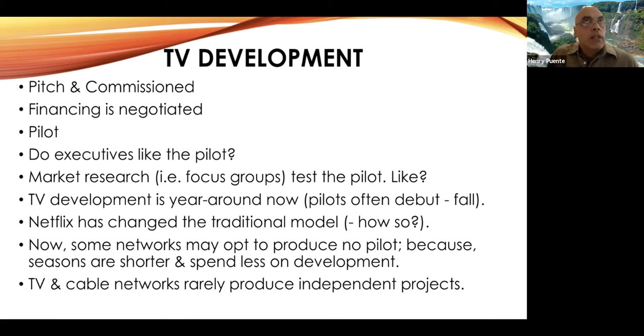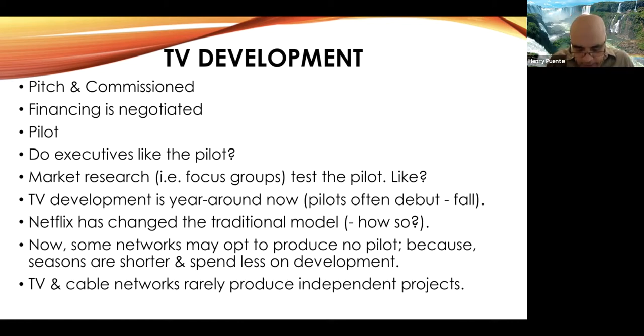So let's just say hypothetically it costs $2.5 million per episode to make your show, whatever show you're talking about. Let's say it's The Good Doctor, going back to Sal.